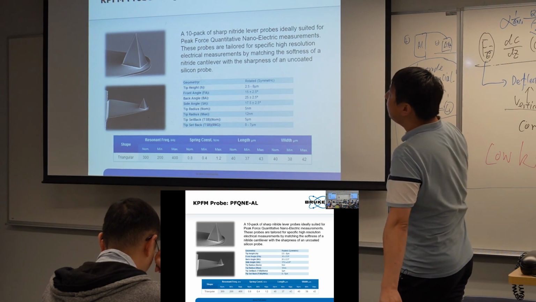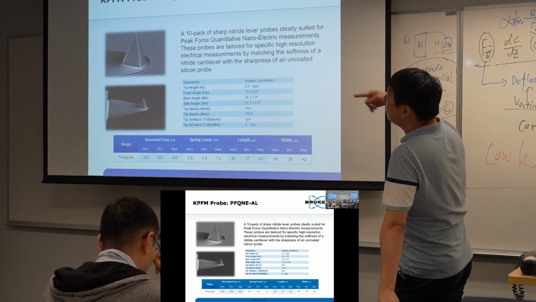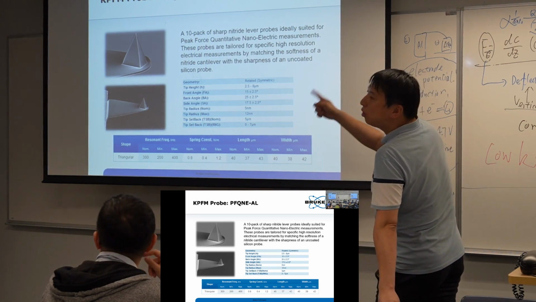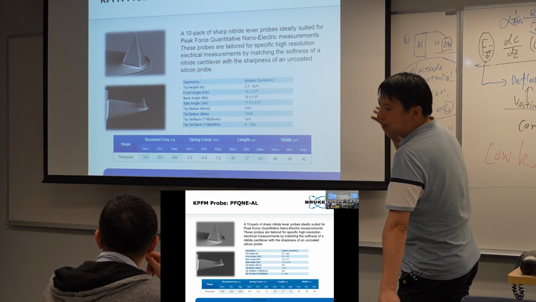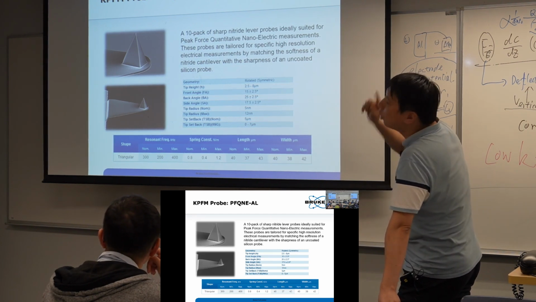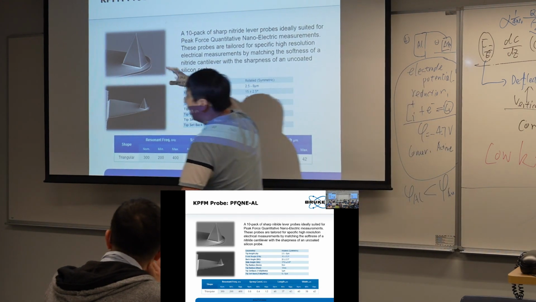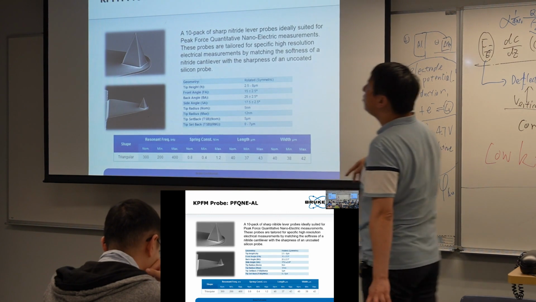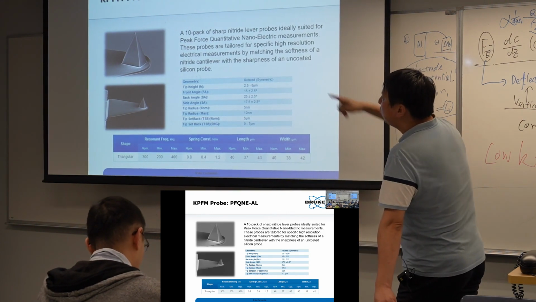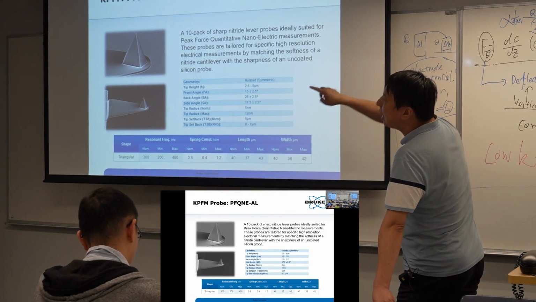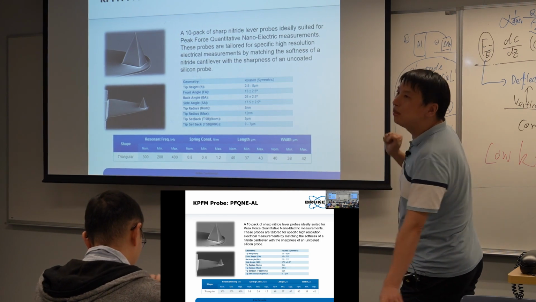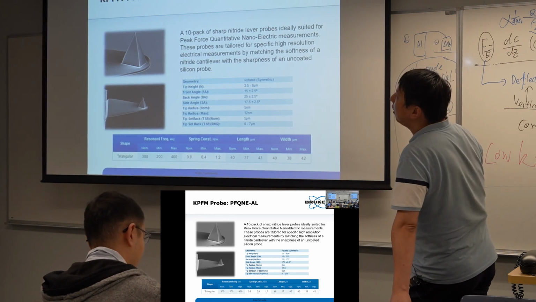To increase its conductivity, this probe is heavily doped. I remember it's using tin, so its conductivity is much better than normal silicon.